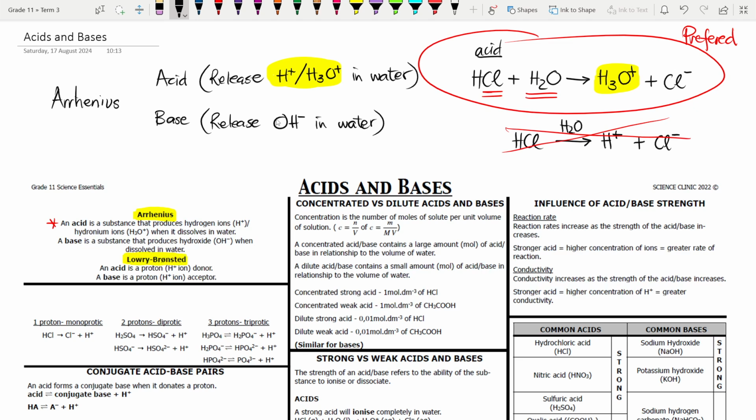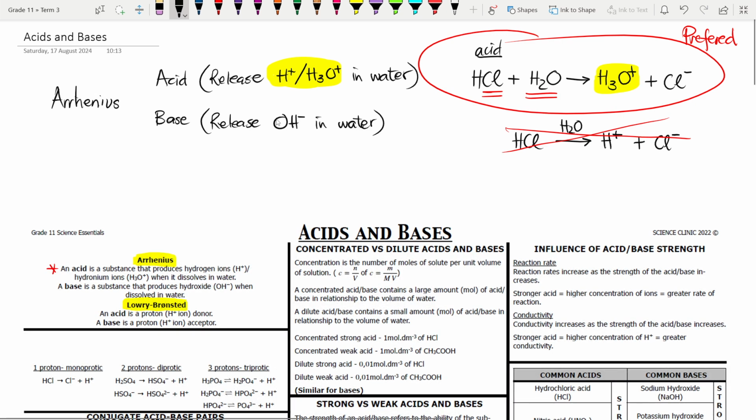If I take a base, for example, and I put it in water, a good example of a base is NaOH. I take that and I put it in water. Water is H2O.